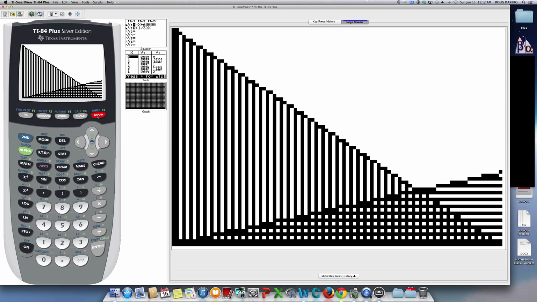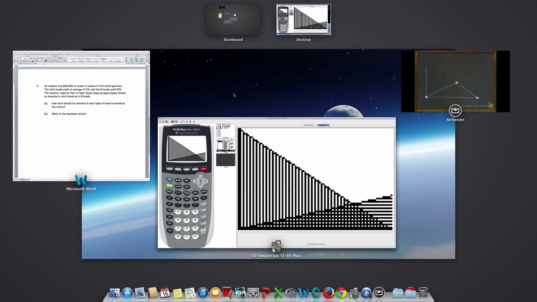And I'm going to do my best to replicate this. Alright, so if I go back to my screen, you can see what I've done here. So here's our feasible region.